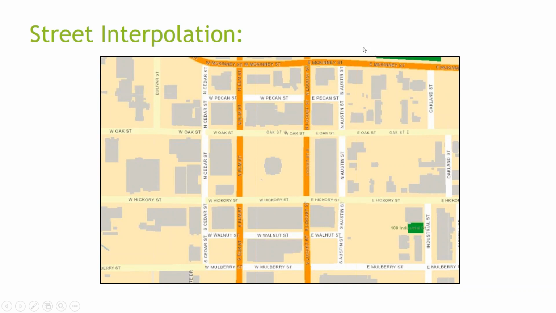So for example, if I have an address, say, between 100 Hickory Street here and 500 Hickory Street here, say I'm looking up an address that might be 250 Hickory Street. To actually geocode, the geocoding engine interpolates between these two nodes, which is really a from and a to node along the street segment in GIS, and it places the address at the midpoint here.